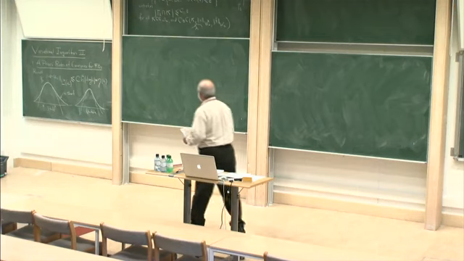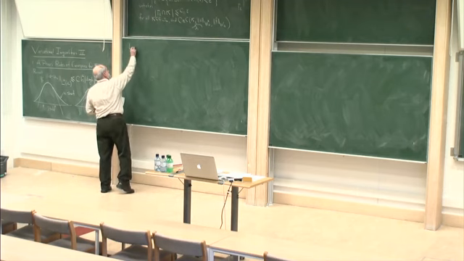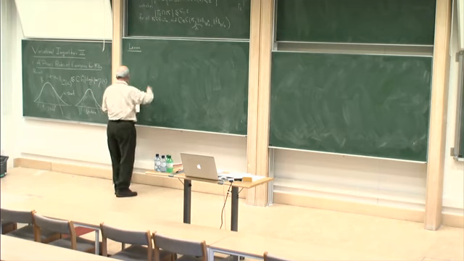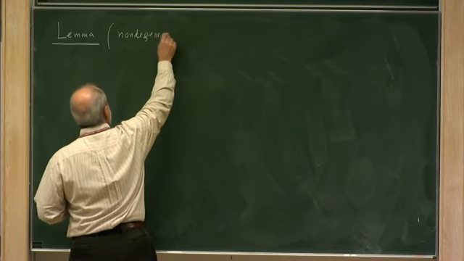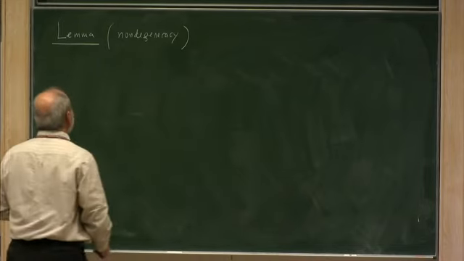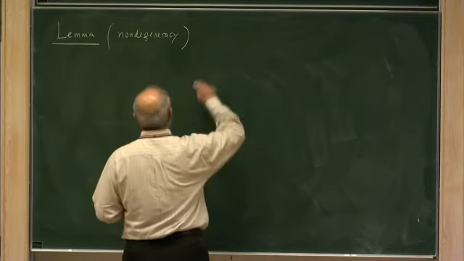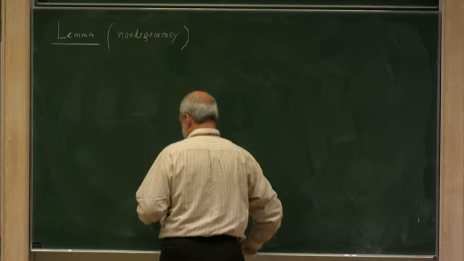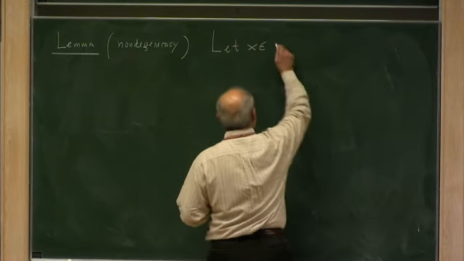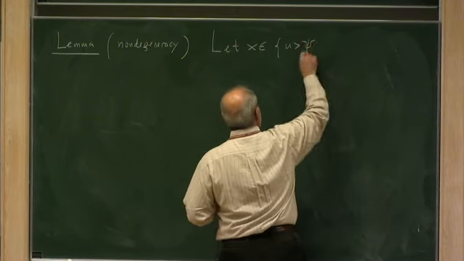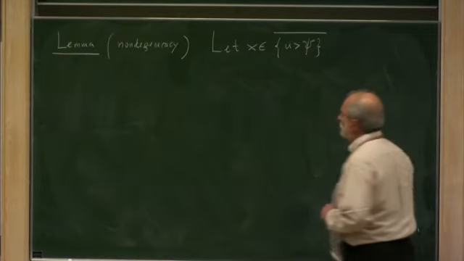There is a second result, also by Caffarelli. I call it non-degeneracy. That goes like this. Say we have a point that belongs to the closure of the non-contact set.